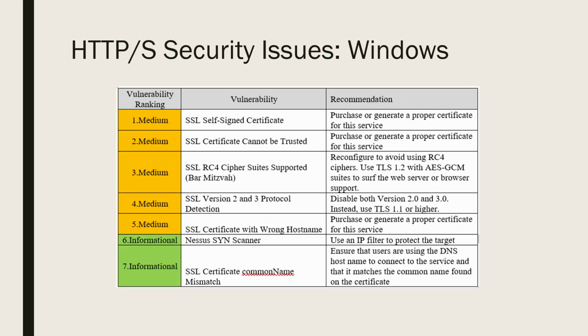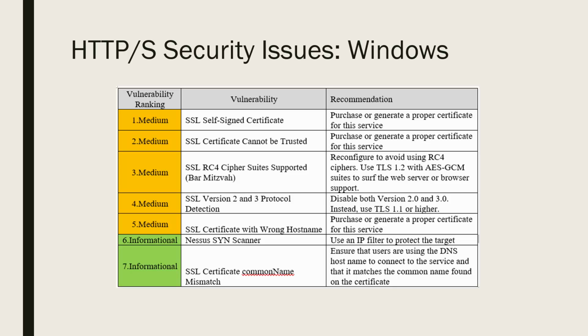Next, I'm going to be moving on to Windows for the HTTPS. As you can see, the top 5 vulnerabilities also deal with SSL. Instead of going over these in detail again, I'm just going to touch on the fifth security issue, which is the certificate with the wrong host name, since you did not see that one on the past slide.